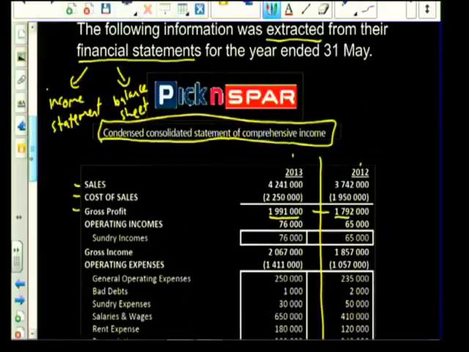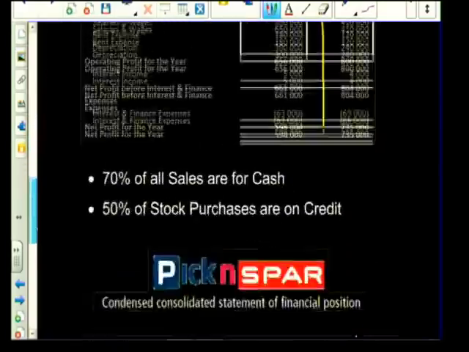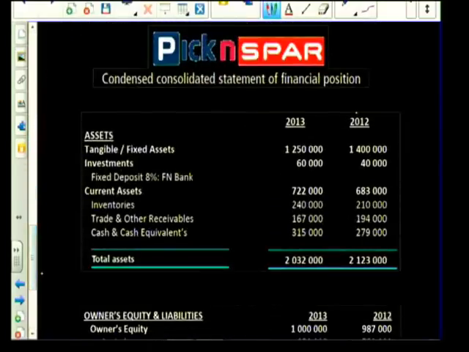Now, our balance sheet also sometimes has a new name, which is called the statement of financial position. So remember, when you see a financial position statement, that's the same as your balance sheet.